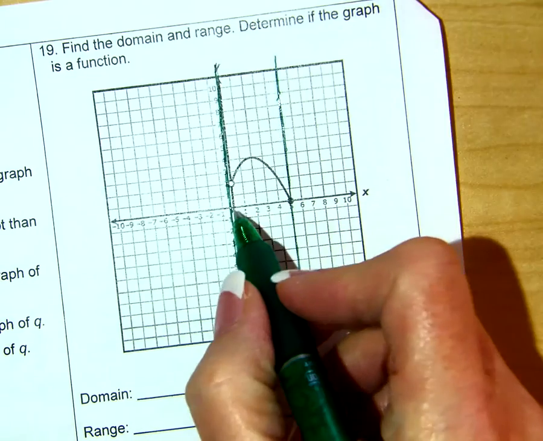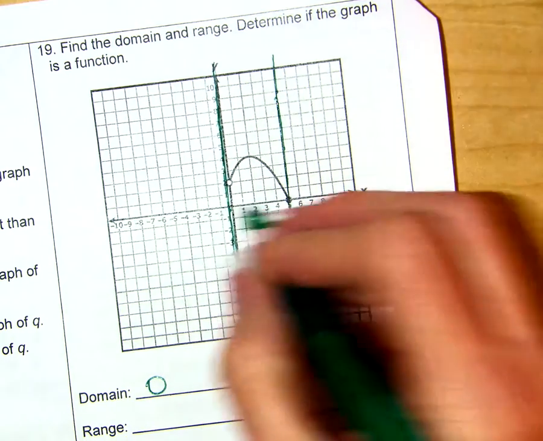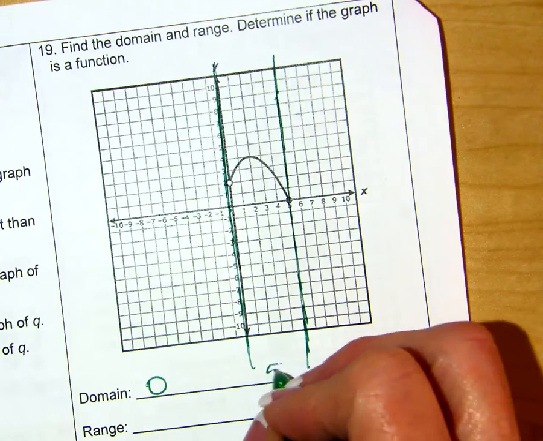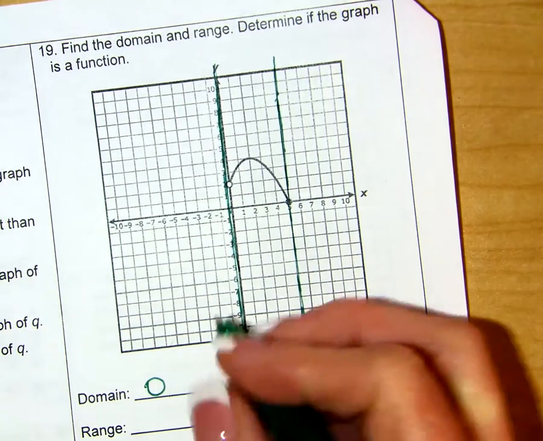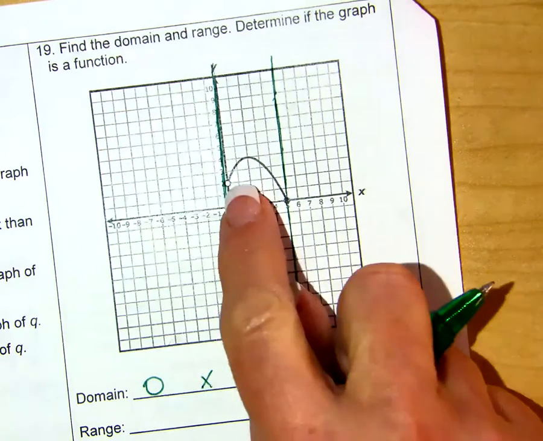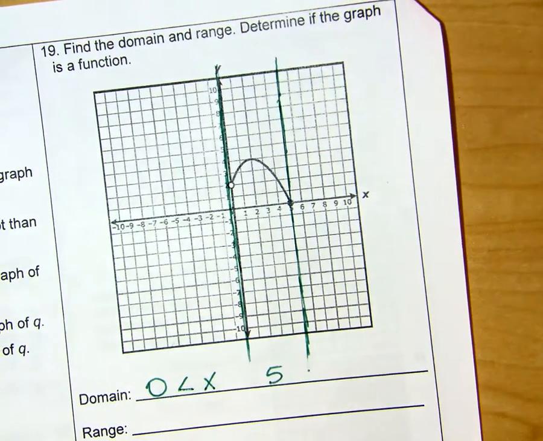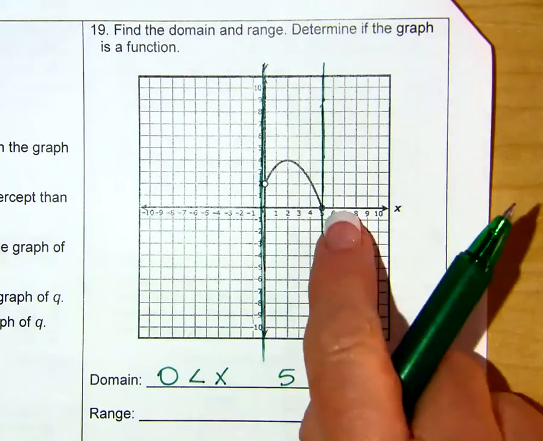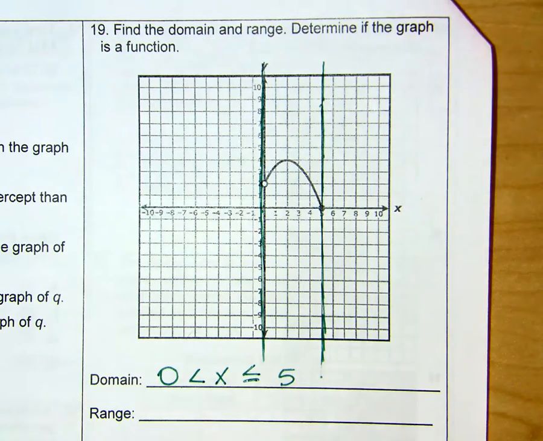Now this left-hand side is a 0, so the domain goes to 0 and all the way up to 5. And our x is in the middle there. It is an open dot at 0, so this will be a strictly less than. It is a closed dot at 5, so it's going to be less than or equal.